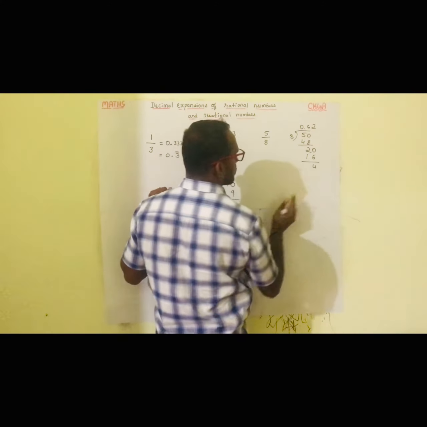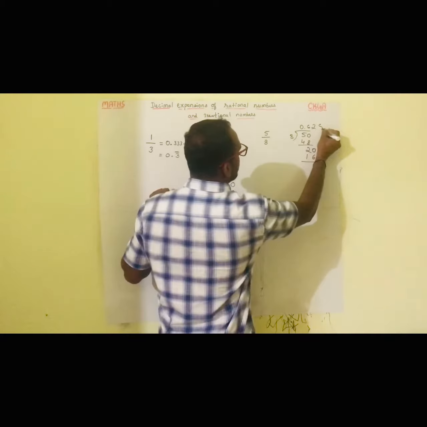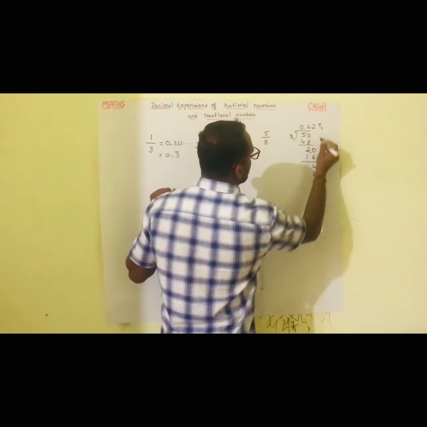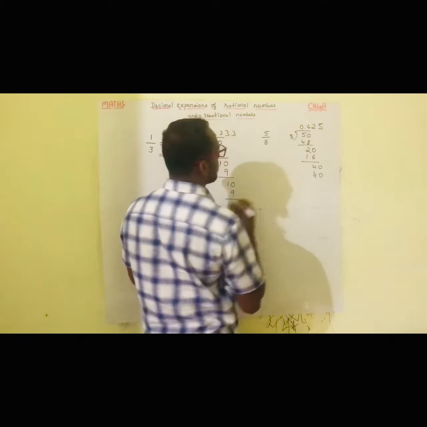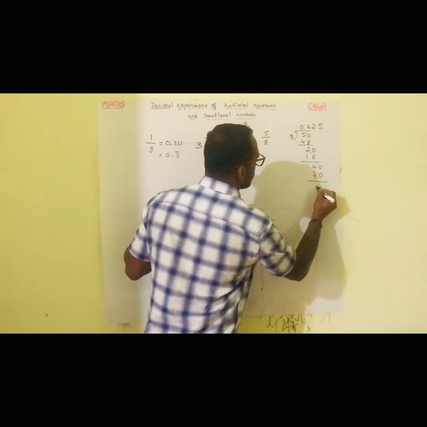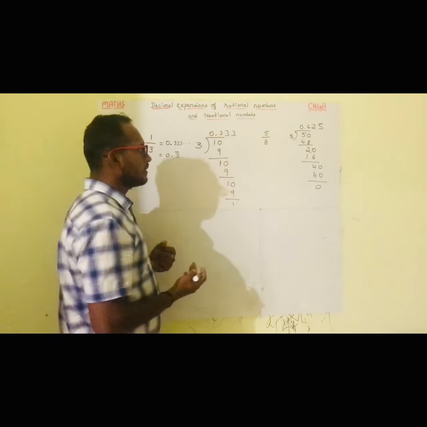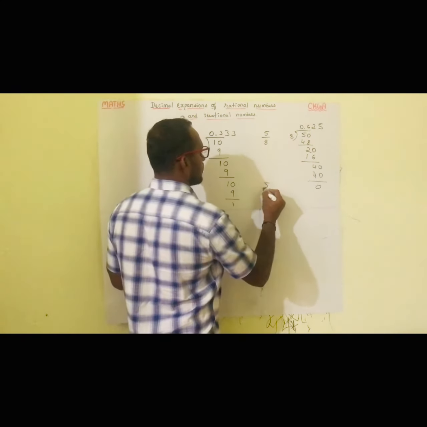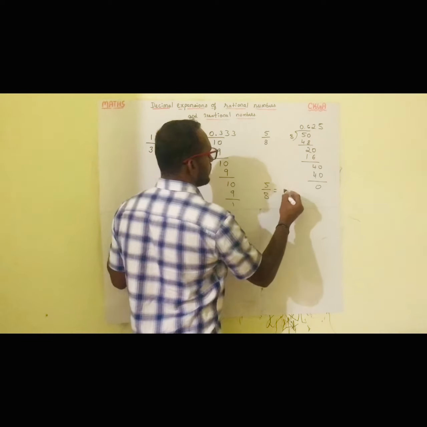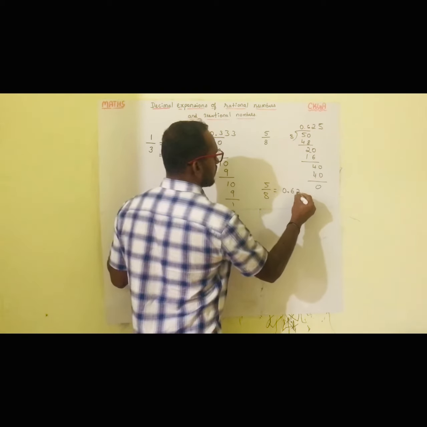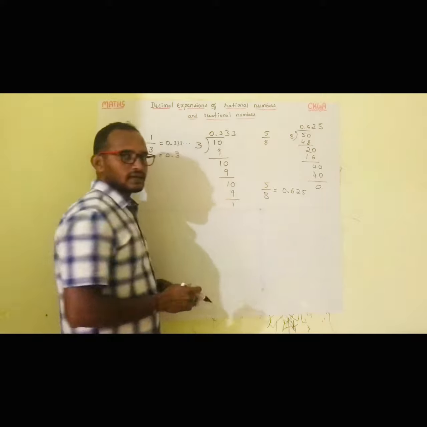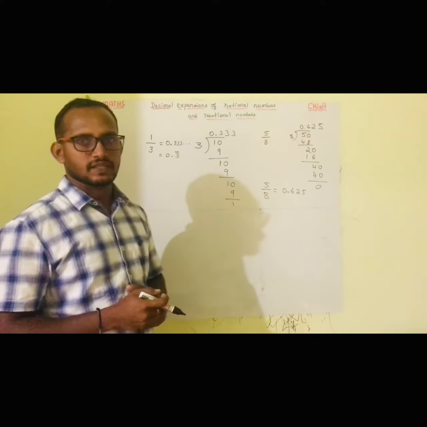So 4 is going to remain. I can take 0. 8 5s are 40. So you conclude that you got remainder 0. You can't continue further. So at last you can conclude that 5/8 is equal to 0.625. That is what I call a terminating decimal expansion.